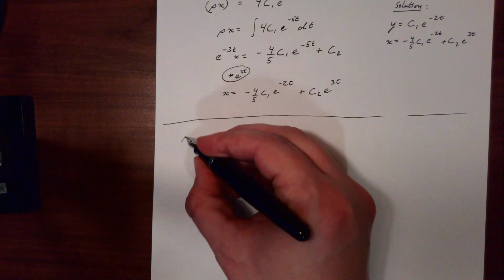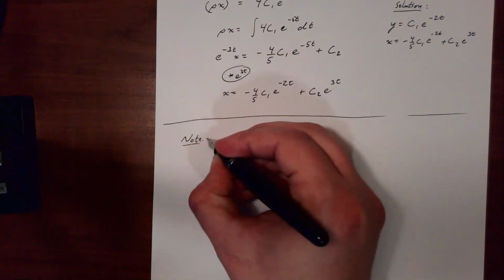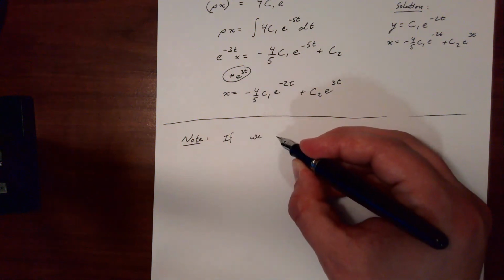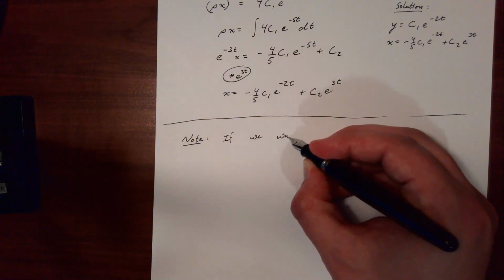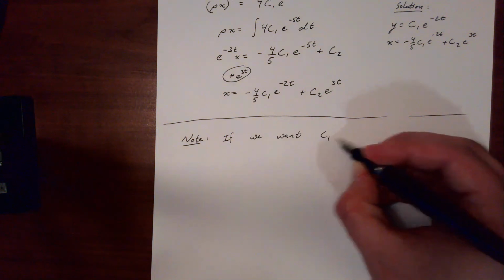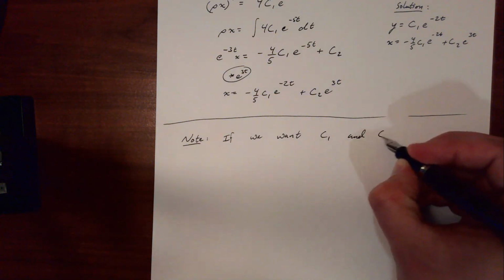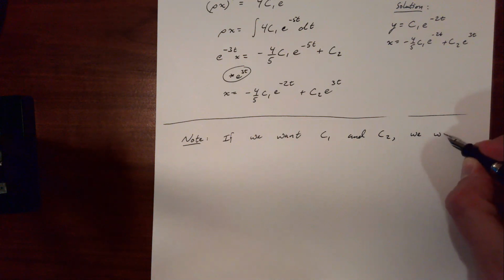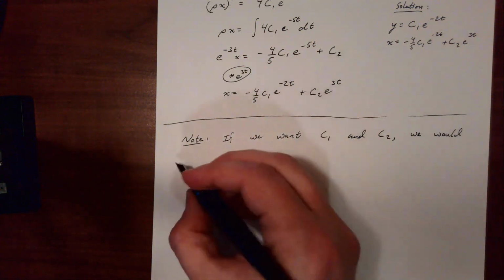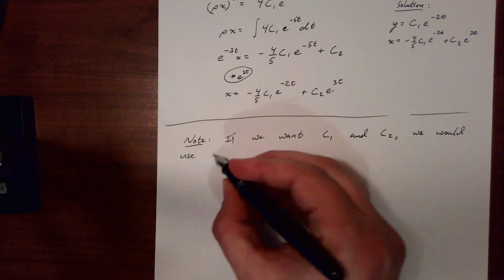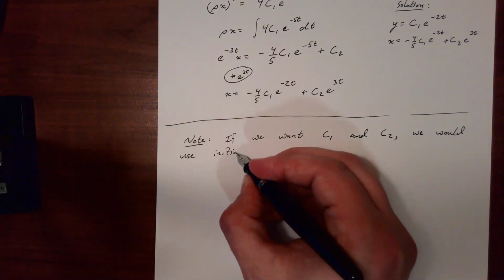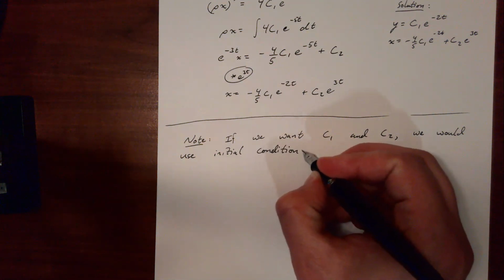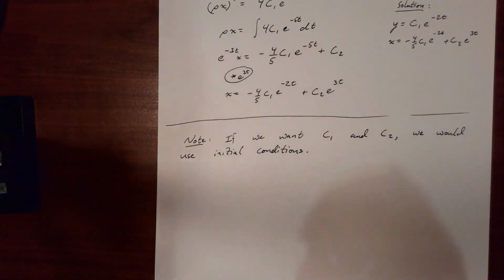Just as a note, if we want c1 and c2, we would use initial conditions.